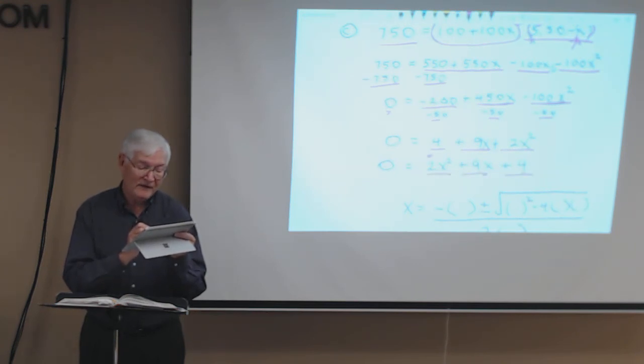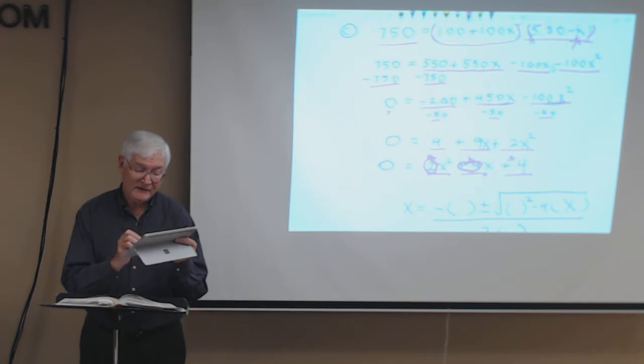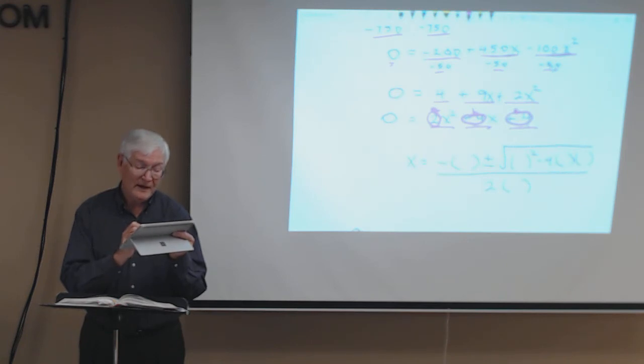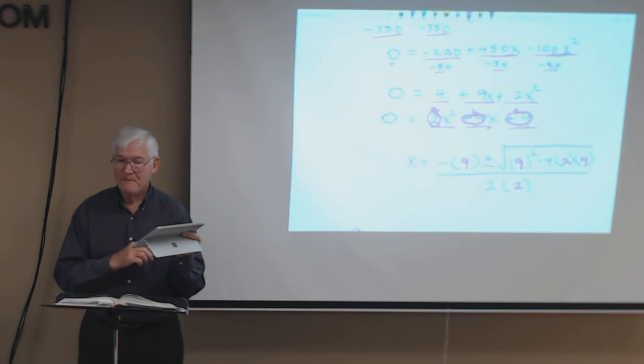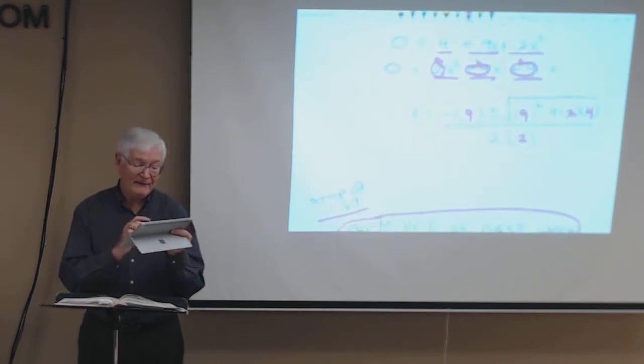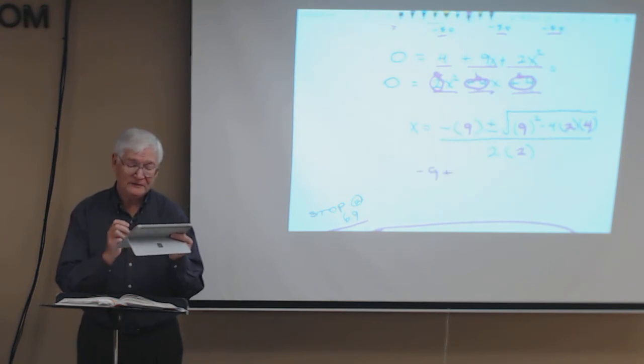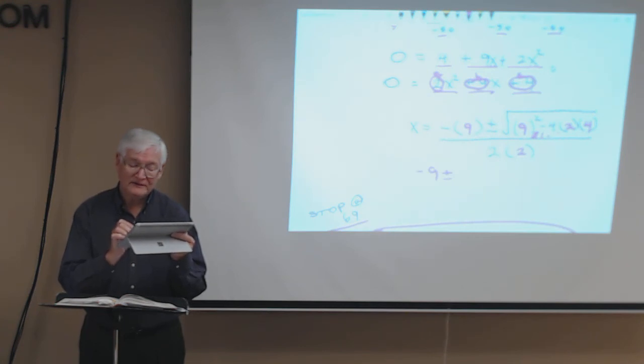This is A. This is B. And this is C. So I come to my formula, and I go 9 here, 9 here, 2 here, and 4 here. And then 2 here. Everybody see what I'm doing? So now I have negative 9 plus or minus the square root of 81 minus 36.